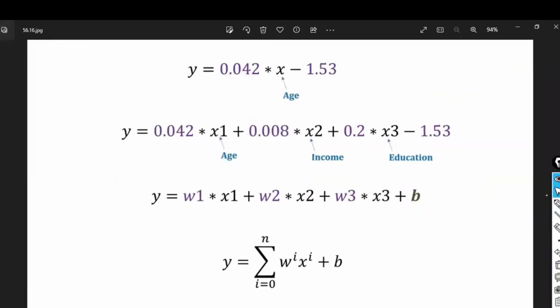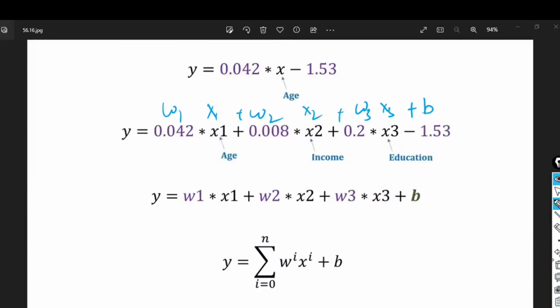Whatever the value is, just calculate with that value and send the information. For example, you have 3 input variables: age, income, and education. Now, what is the equation? This is the equation, which is nothing but sigma wi xi plus b, that is w1 x1 plus w2 x2 plus w3 x3 plus b.